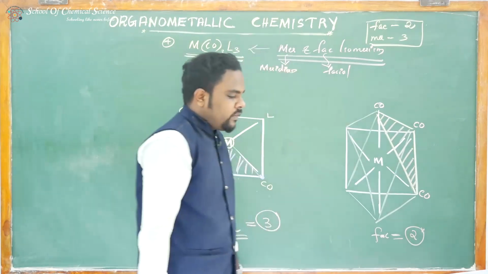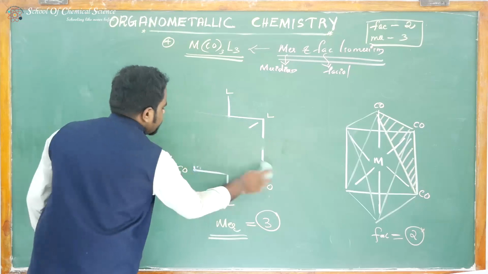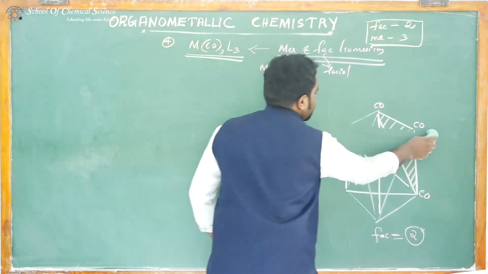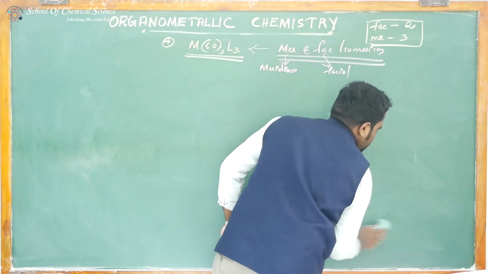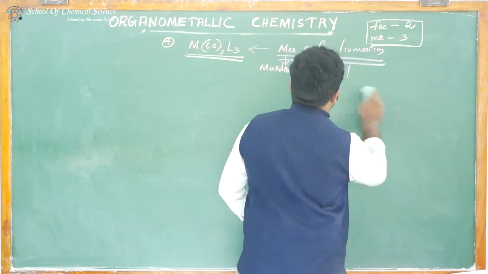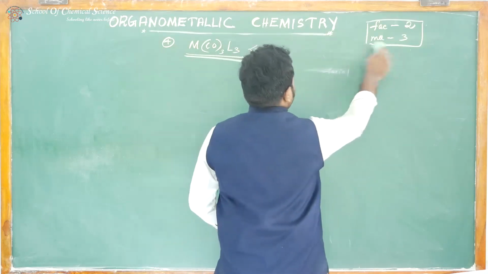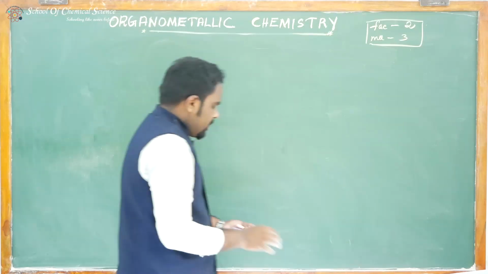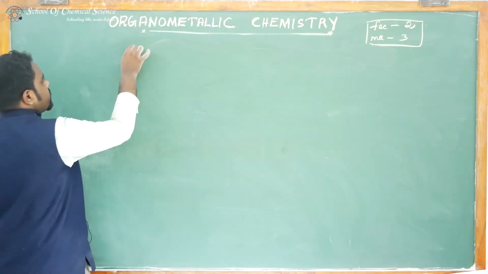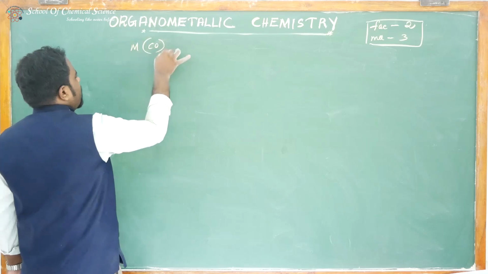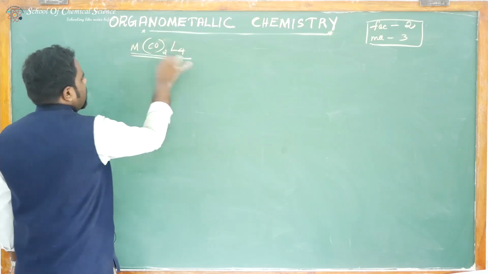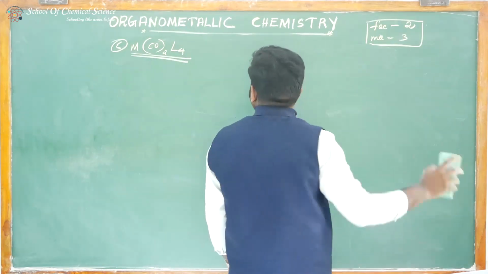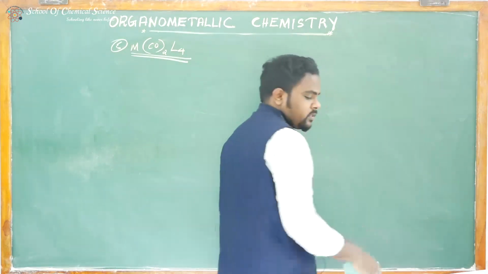Okay, the next one. What will be the next case? MCO twice L4. I think the fifth case. Sketch the possible geometries of MCO twice L4. What are the possible geometries?